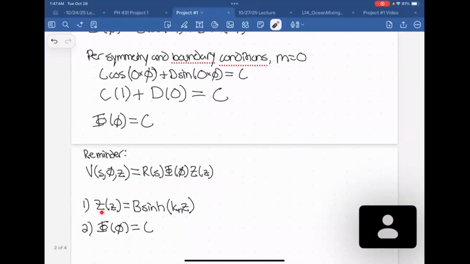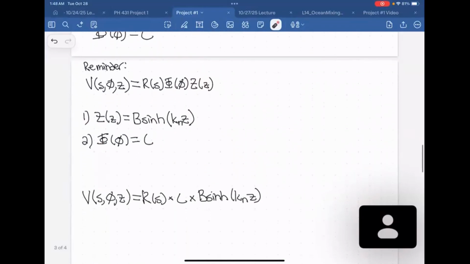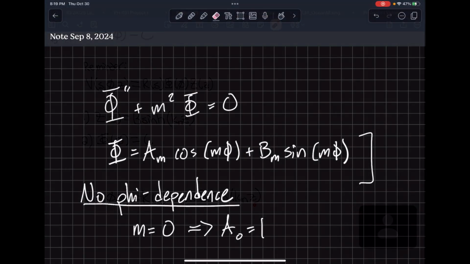So remember that we've just determined that Z of z is B hyperbolic sine k sub n times z, and that phi of phi equals C. So ultimately, so far we have V of s, phi, and z equals R of s, which we haven't solved yet, times C times B hyperbolic sine k sub n z.